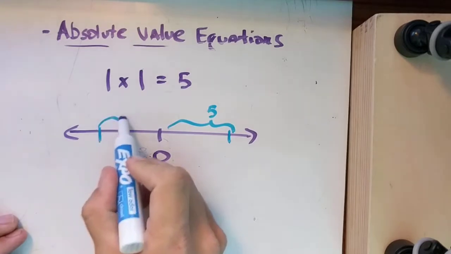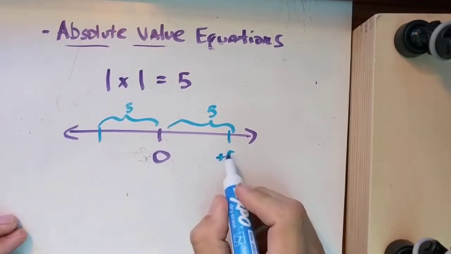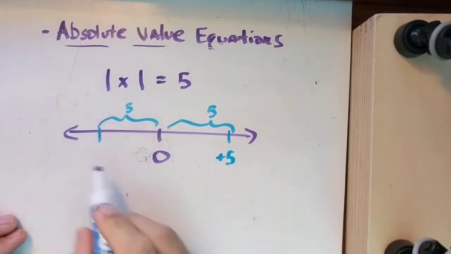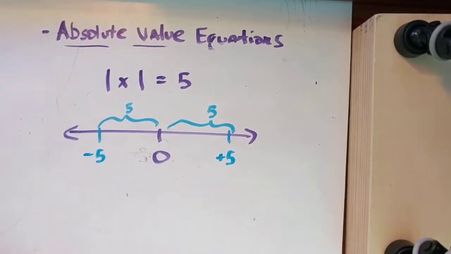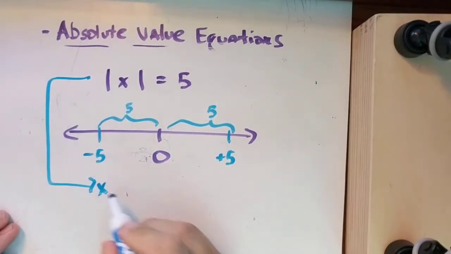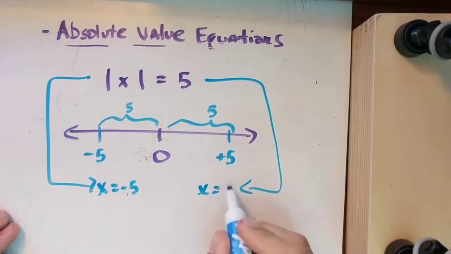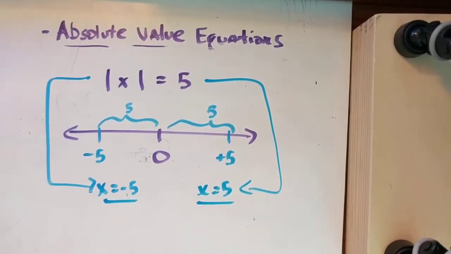And there are two options for that, right? You could have gone to the right 5 and be at positive 5 on the number line, or you could have gone 5 units to the left and be at negative 5. So for that reason, the solution to this equation is either x equals negative 5 or x equals positive 5. There are two solutions.